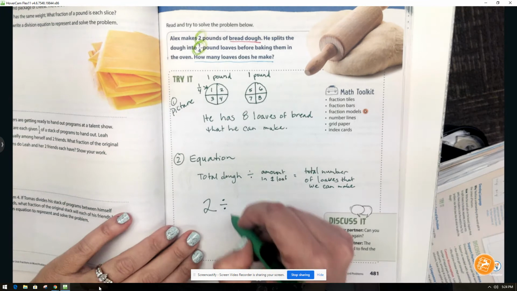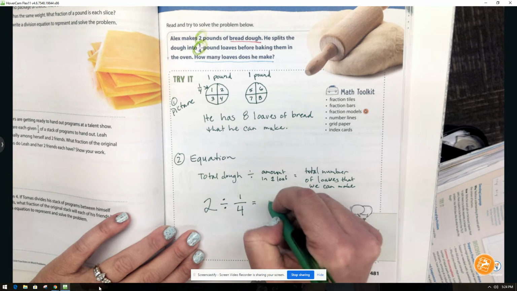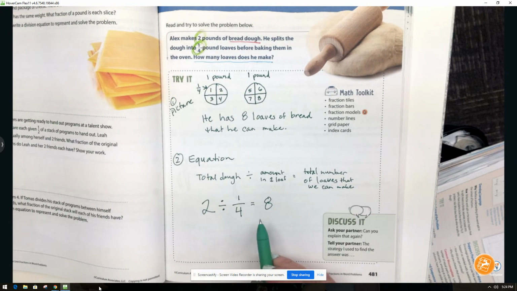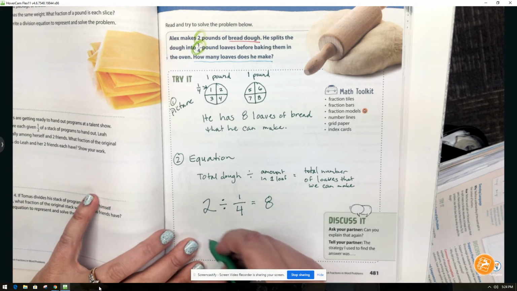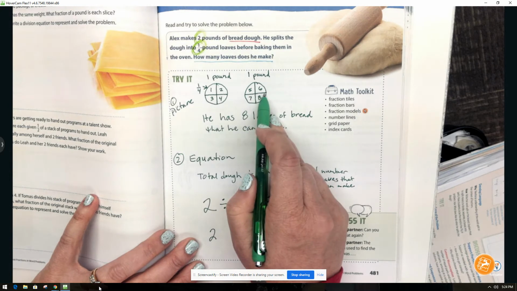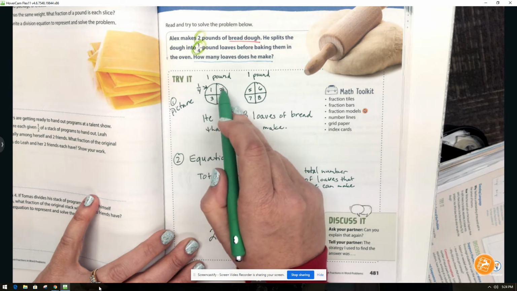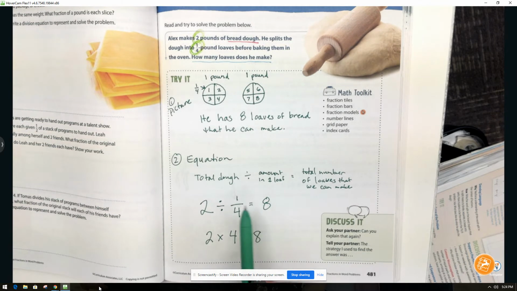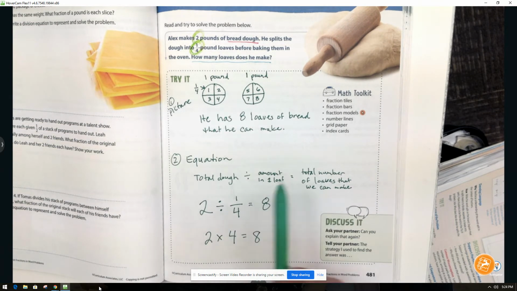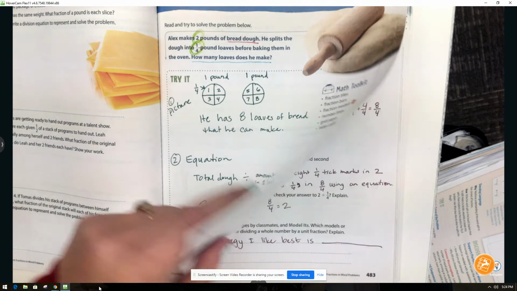So 2 divided by 1/4 equals 8, because we know that is the same as 2 pounds times 4, because there are 4 loaves in 1 pound, which equals 8. So remember, we can write a division equation or a multiplication equation once we know the information that we have. All right, let's go ahead and look at page 482.